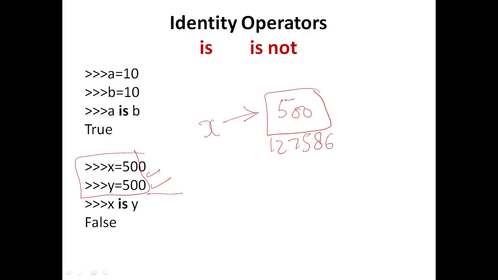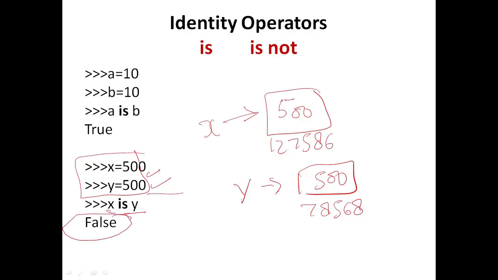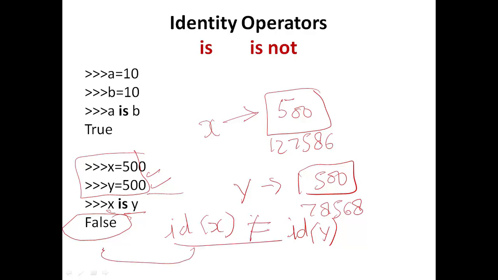And for the second line, Python will create a second object with value 500 with a different identifier. So if we check x is y, this will return false because the id of x and the id of y are not equal.